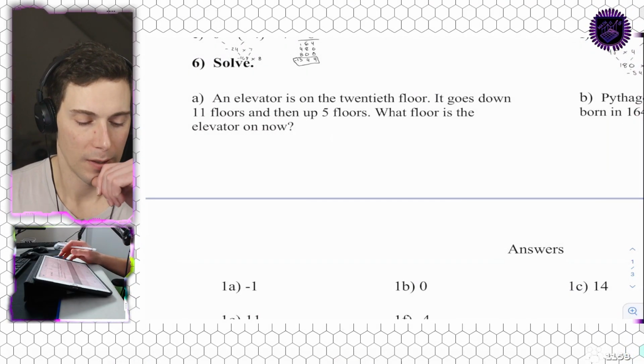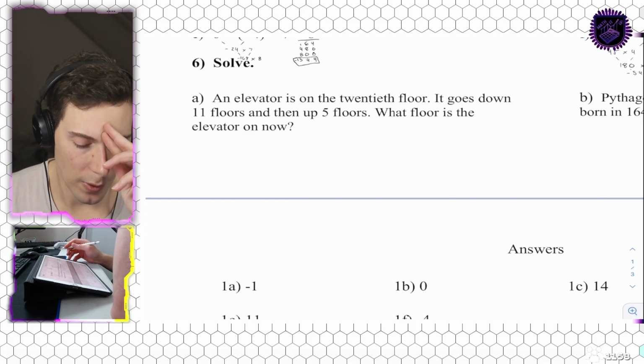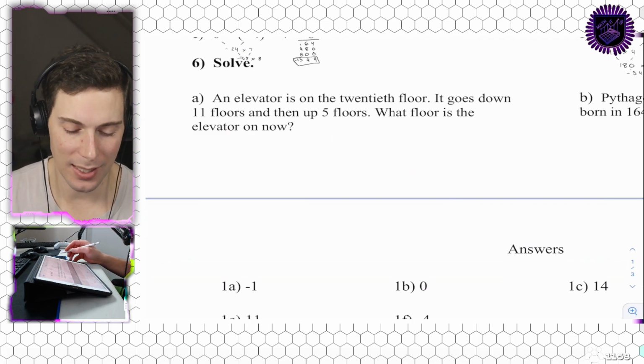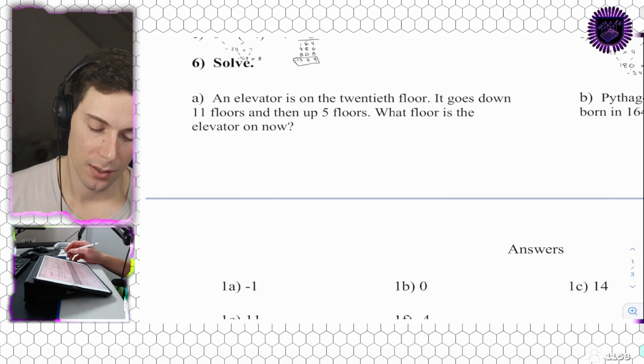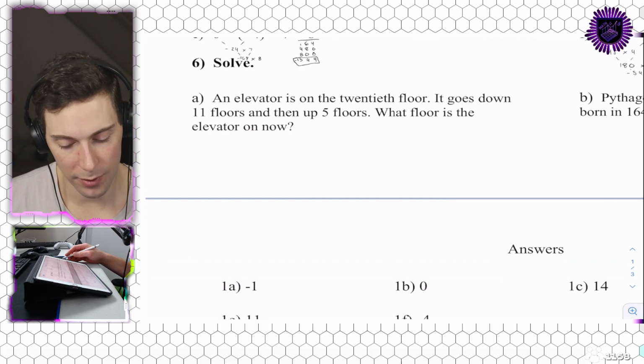Okay. An elevator is on the 20th floor. It goes down 11 floors. Then up 5 floors.